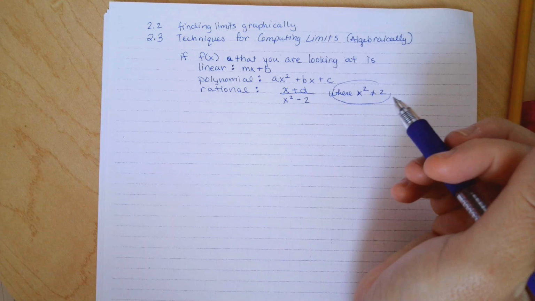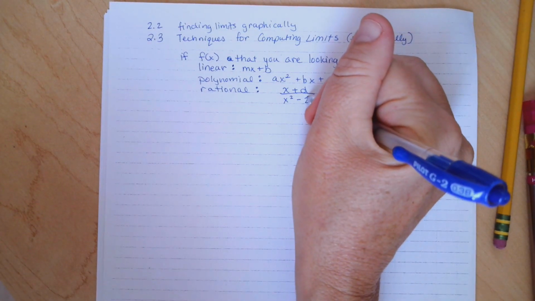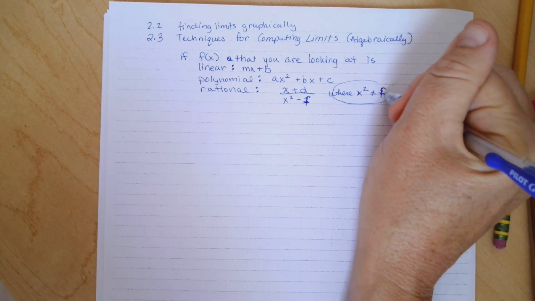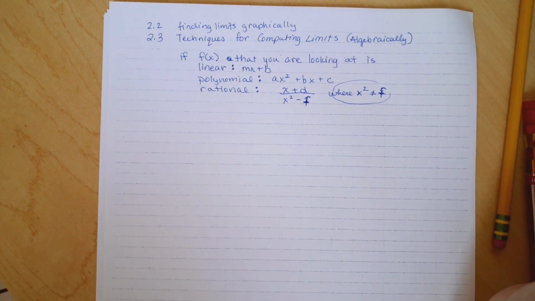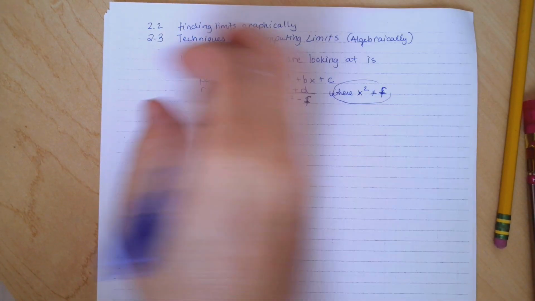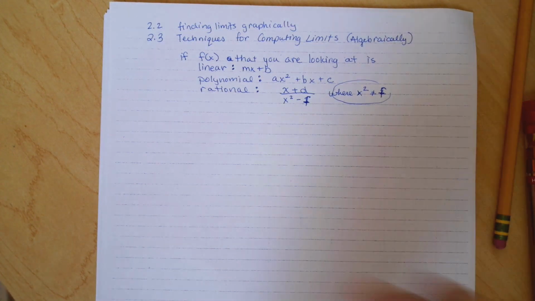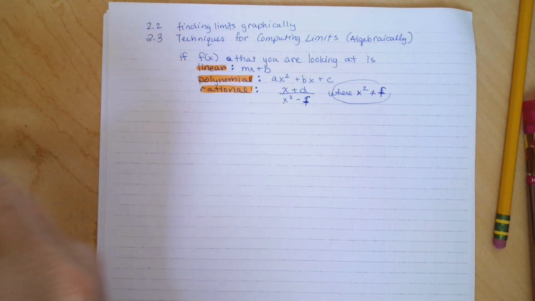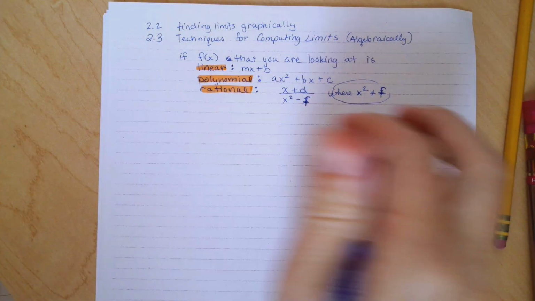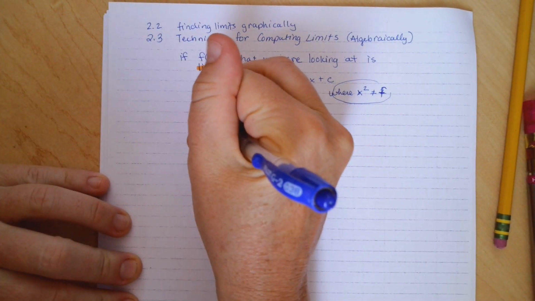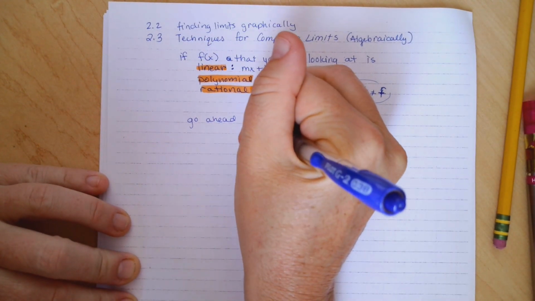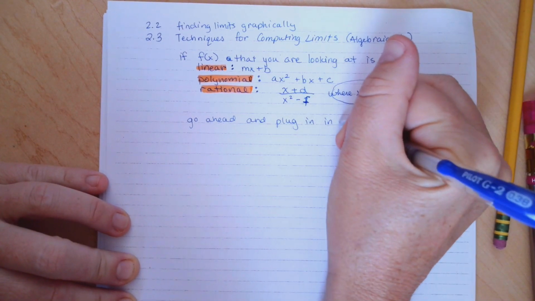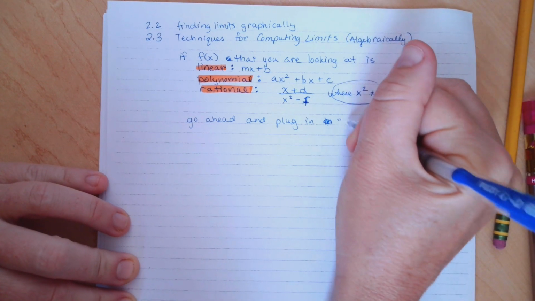Okay? Just put this in generic terms. Let's make this an f. x squared minus f, you know, x squared doesn't equal f. Okay. So if you have any one of these kind of normal-ish, unscary, regular, boring kind of functions, go ahead and plug in a.